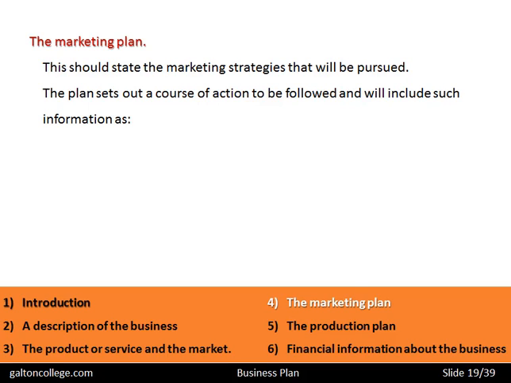The plan sets out a course of action to be followed and will include such information as the pricing strategy of the product. It should state what the likely price of the product will be. Of course, it can't say that that will be the price in perpetuity, that will be the price forever.